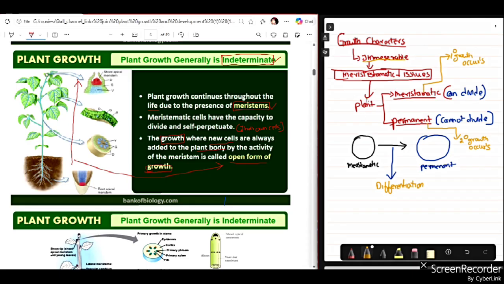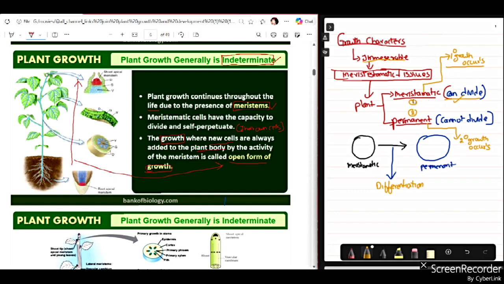In a plant there are two types of tissues: meristematic tissue and permanent tissue. Meristematic tissue has the capacity to divide. If someone asks what is meant by meristematic tissue, you have to answer that if the cells have the capacity to divide, they are called meristematic tissues. Because of the meristematic tissues, growth occurs, which is called primary growth.